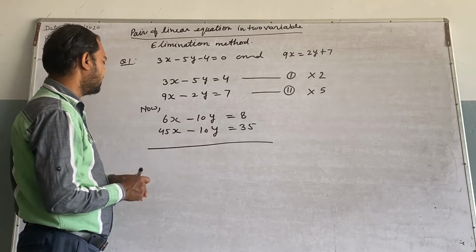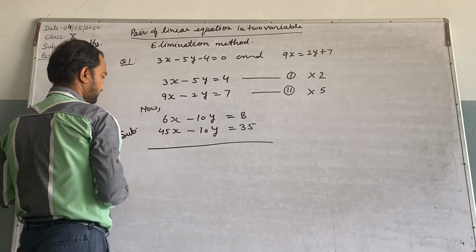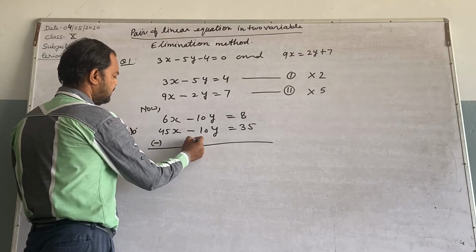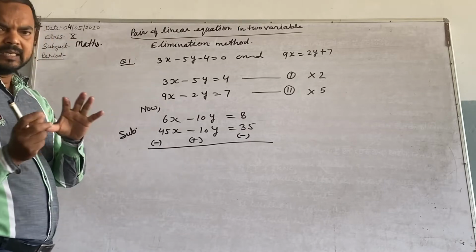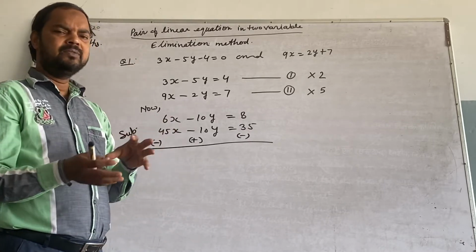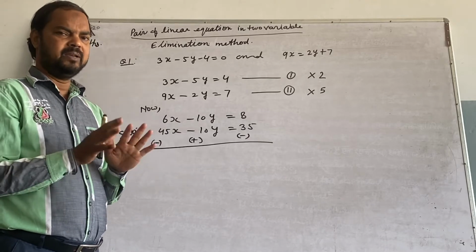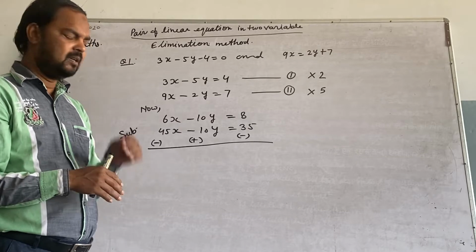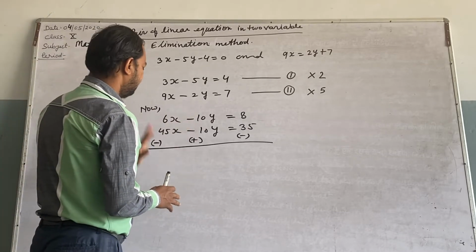When it is the same sign, you should always subtract. For subtraction, you have to change the sign. Okay? If the variable whose coefficient is the same has the same sign, meaning either both are plus or both are minus, in this case we have to always subtract.